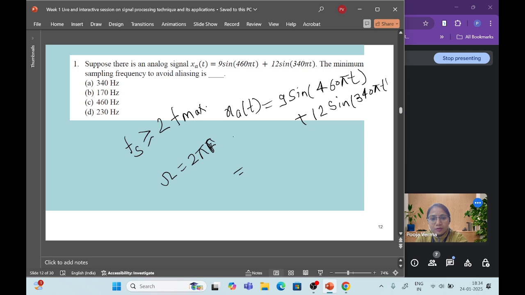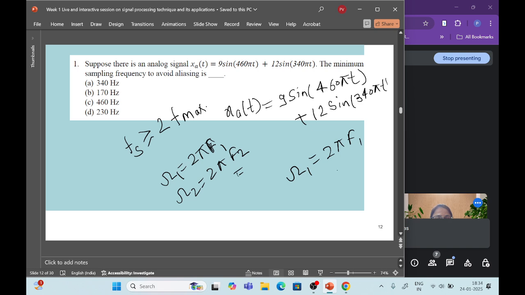Here two frequency components are there, so I am taking omega 1, f1 and omega 2, f2. Omega 1 is equal to 2 pi f1.